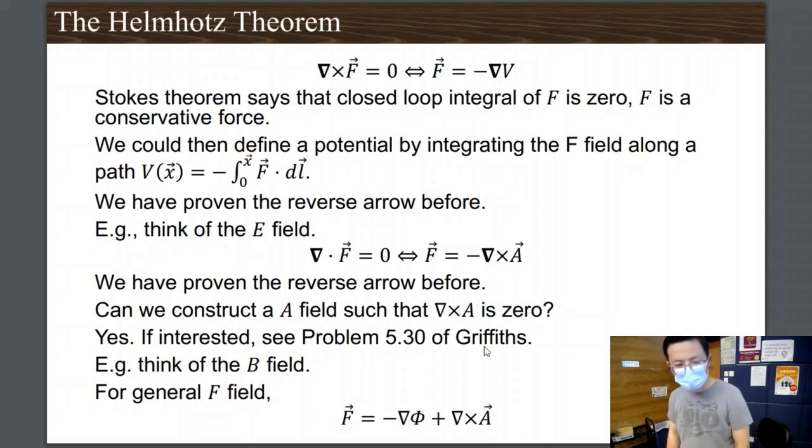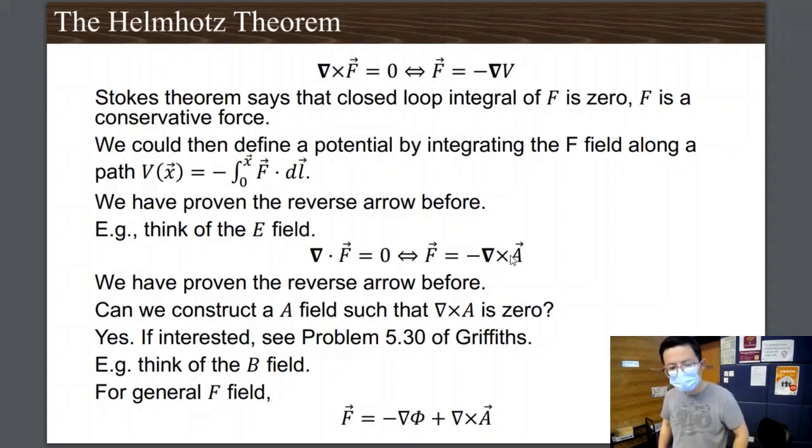Where this theorem is useful is to think of the B field. For the B field, divergence is 0 in the static case, and in this case the B field can be expressed as a vector potential, and you can use the vector potential also to simplify your problem.